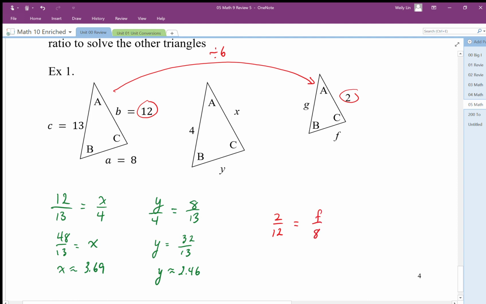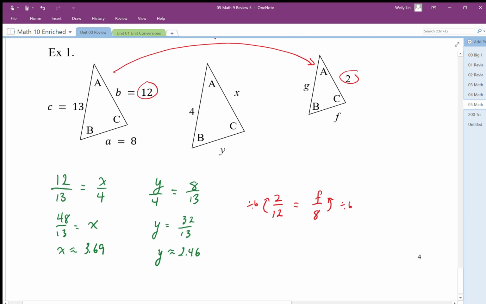So it's a divide by 12, divide by 6 scale factor here. So there's my scale factor that shows up vertically in the way that I've set it up. So 8 divided by 6, I get f is equal to 8 over 6, which is approximately equal to 1.3 repeating.